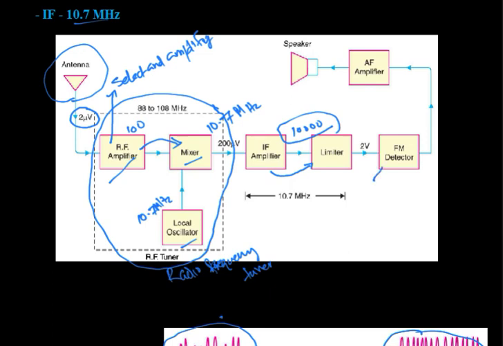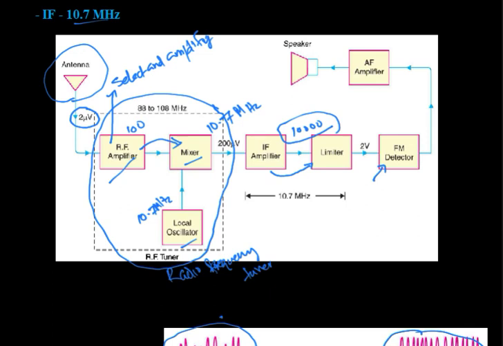This FM detector converts the frequency modulated wave into the corresponding voltage variations, and the audio signal is recovered by the FM detector. The function of the FM detector is entirely different from the AM detector, which we have already discussed, but we are not going into the details of the FM detector.